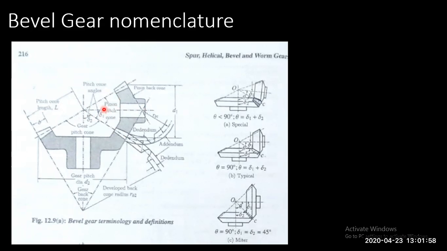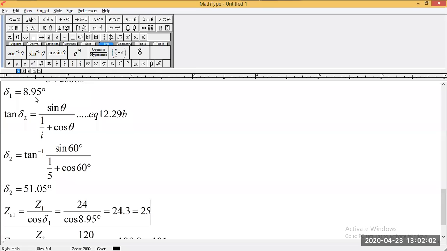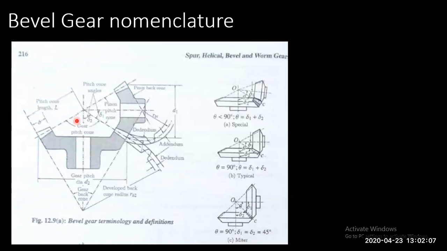So this angle what we have got here is 8.95 degrees, and delta 2 is here. That is the gear axis and the corresponding meshing teeth of that gear, or the pitch line of that and the center line of the shaft. So that is delta 2.